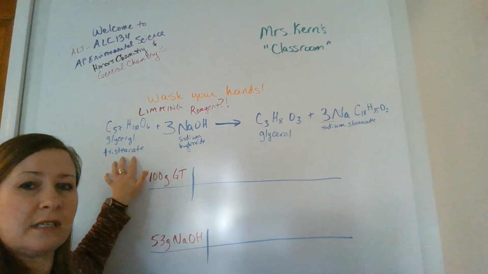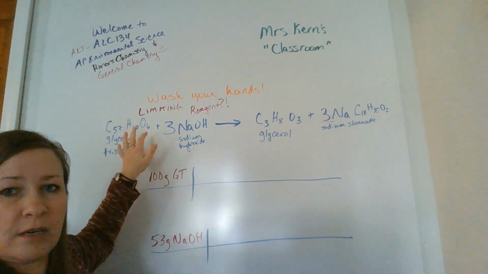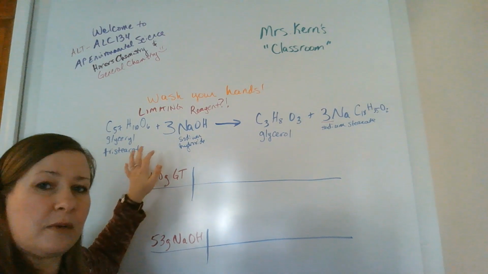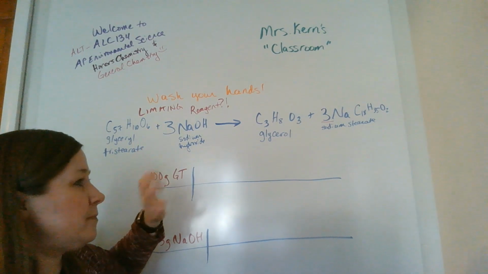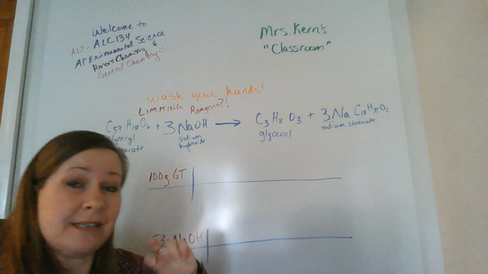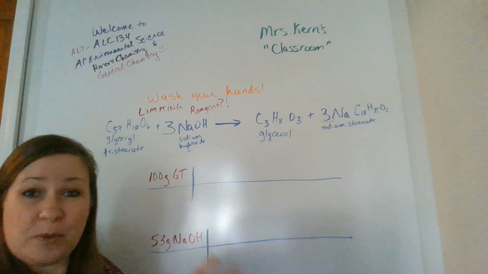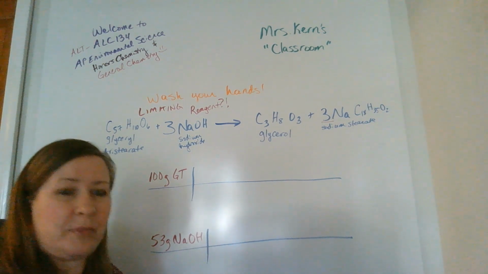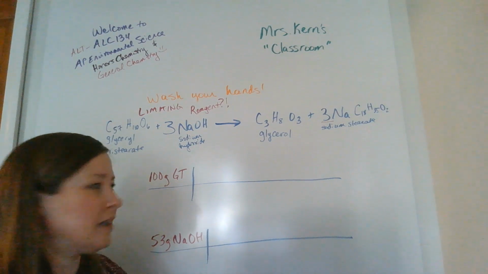The only problem with this is that if you have too much extra of this, it is going to be a problem later on, because it will react with oxygen in the air, and we say that it goes rancid. Oils go rancid. They smell funny. The soap would still work. It would still be okay, but you wouldn't enjoy the smell of it, and it kind of leaves an odor on your hands, which is not a good thing.